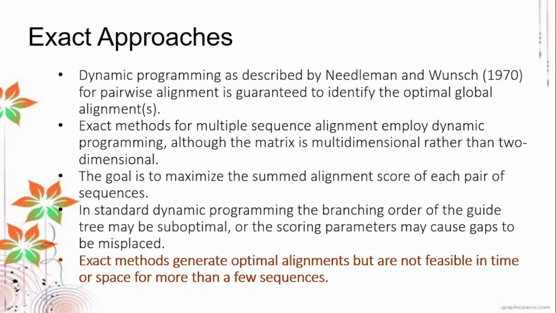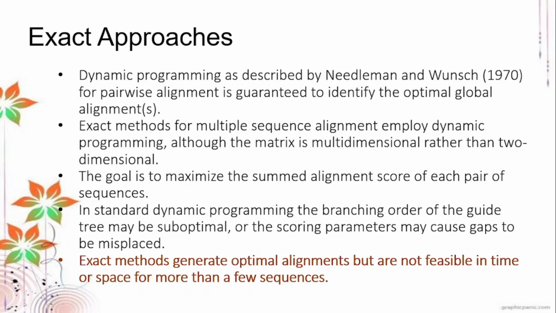But instead of doing it in a 2 by 2 matrix, basically in just a pair of sequences, you do it with 3 sequences and more. As it is a pairwise alignment method, it employs dynamic programming, but instead of a 2 by 2 matrix, as I said before, you are using a multi-dimensional matrix.